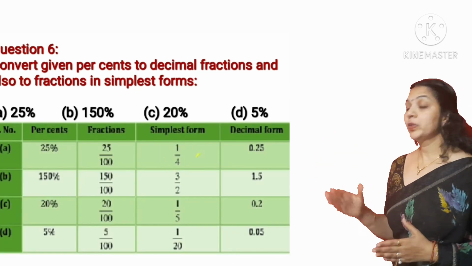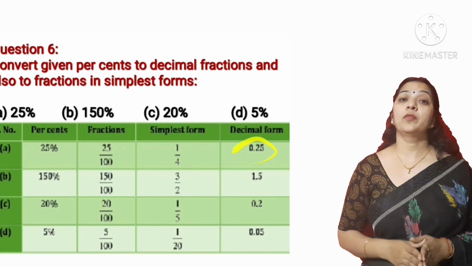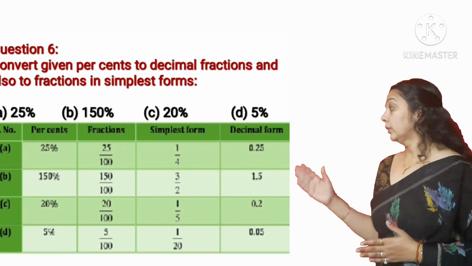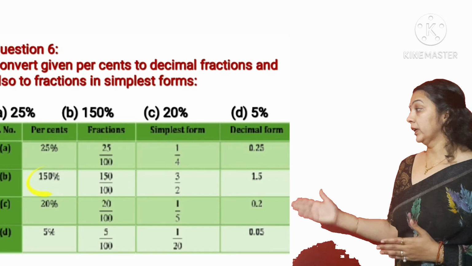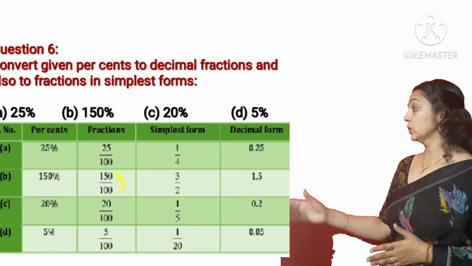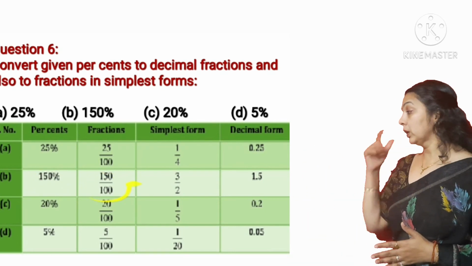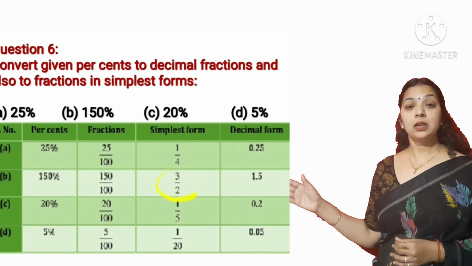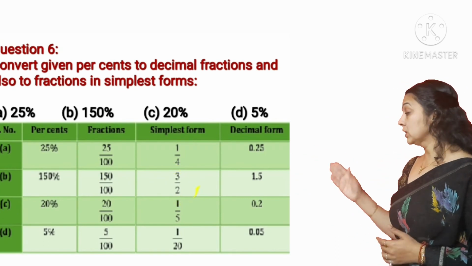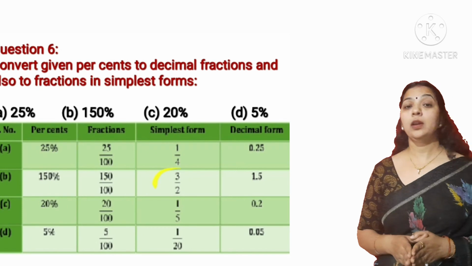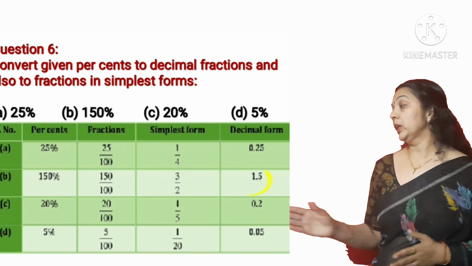0.25. Similarly, we will convert 150% into the fraction form, that is 150 divided by 100, and to convert this into simple form we will divide by 50 and it would result in 3 by 2, and to convert this into decimal form it would result in 1.5. Now the next is 20%.